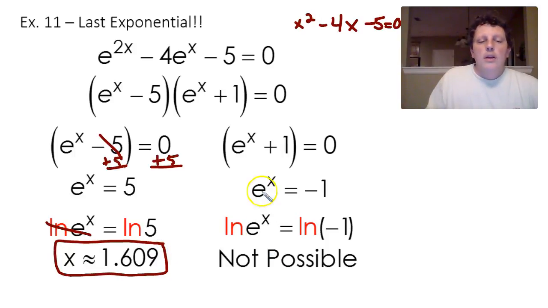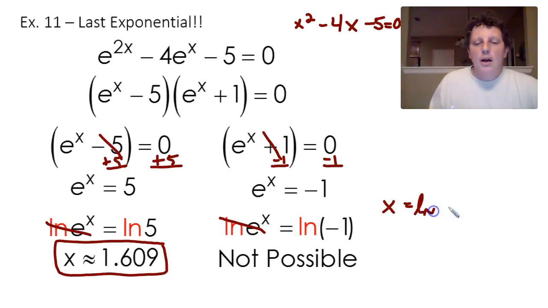For the other factor, I set it equal to 0. I'm going to subtract 1. So I get e to the x power equals negative 1. And I think, oh, well, I've got to get rid of this e, so I'm going to take the natural log of both sides, and it's going to cancel out that base e and leave me with just x. So, essentially what I have now is x equals the natural log of negative 1.